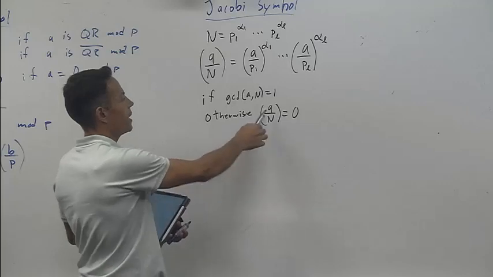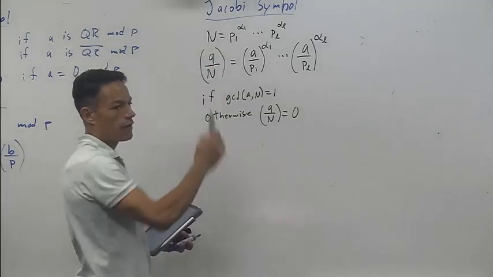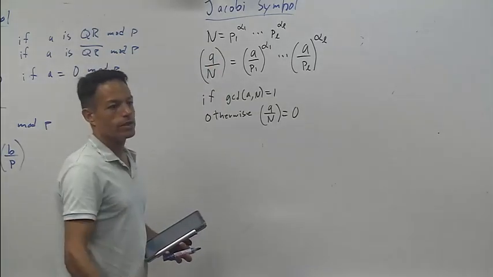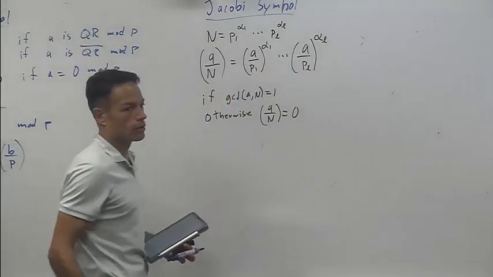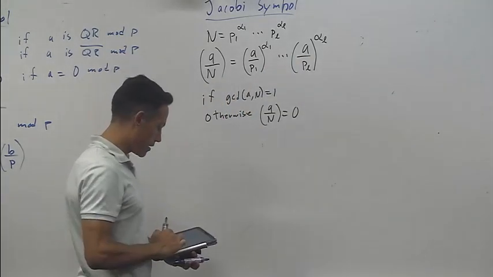Except here, if a is divisible by any factor of n, then we say the Jacobi symbol becomes 0, which makes sense because then one of these would be 0 as well. So it's still fairly consistent.